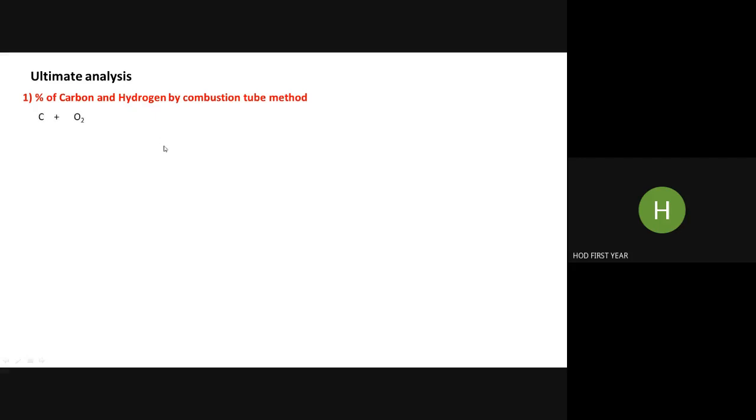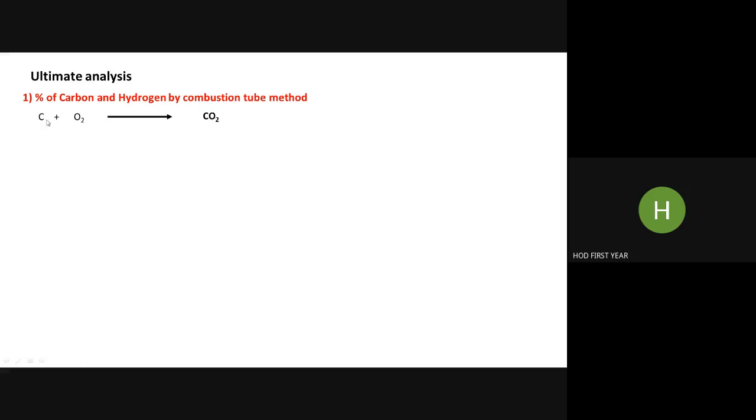So the basic principle or basic idea behind this method of estimation of carbon and hydrogen is: when carbon burns in presence of oxygen, or oxygen of air, what will it produce? CO2. So this is combustion reaction of carbon, and heat energy is generated that we utilize.